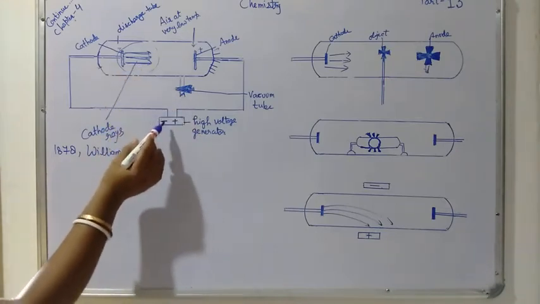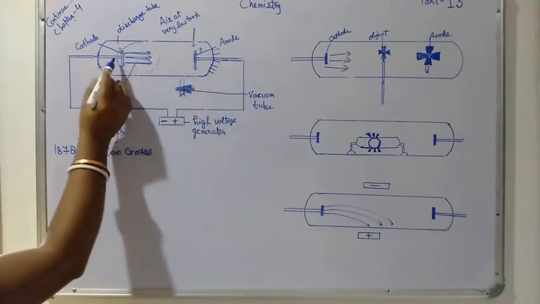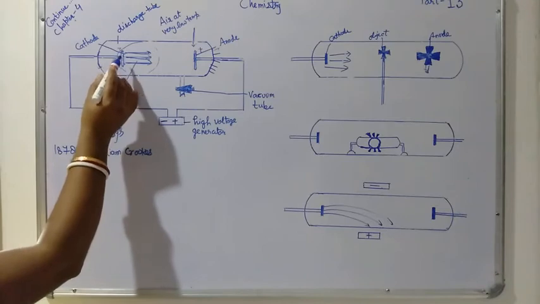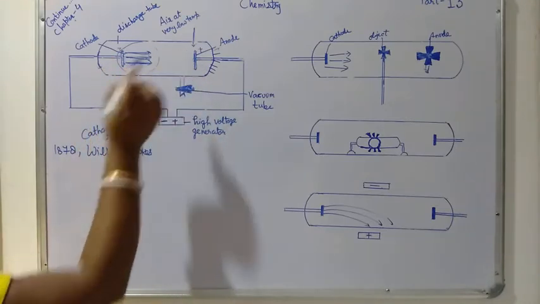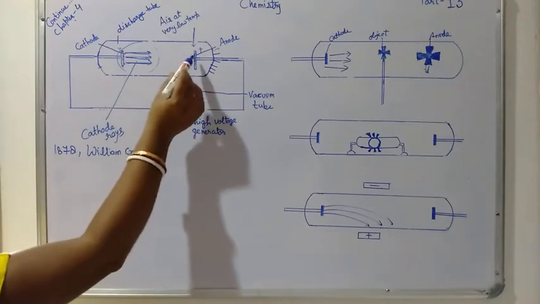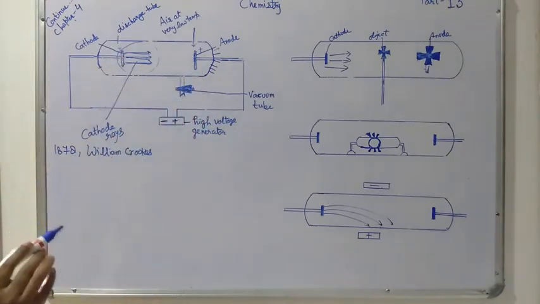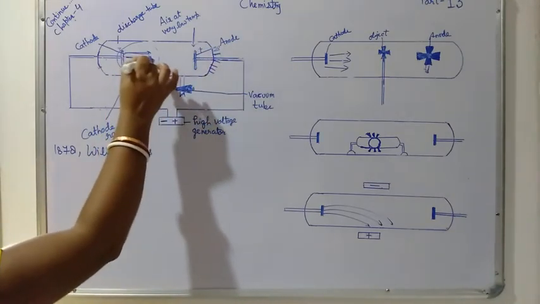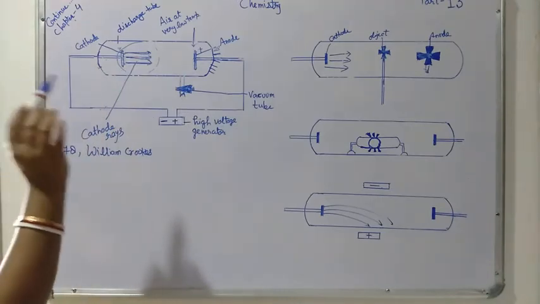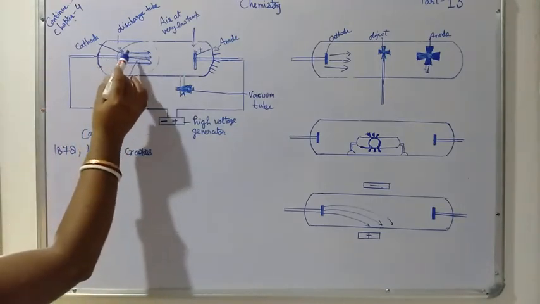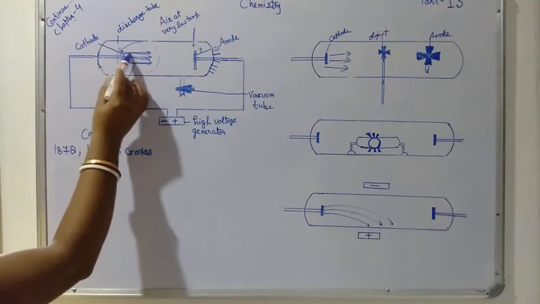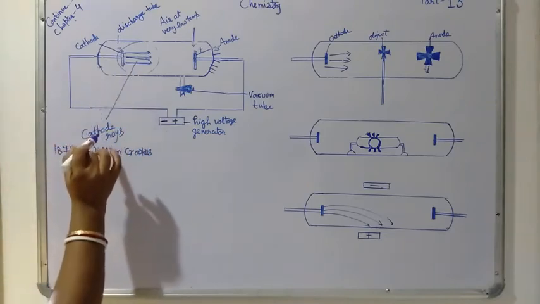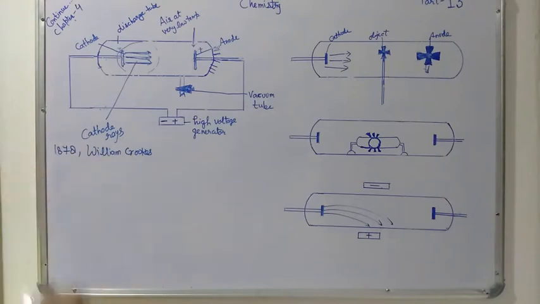When he passed electric current, he observed that some rays were coming out from the negative side and going towards the opposite side of the cathode, which started glowing because of the gas inside. Since these rays were coming from the negative side, he understood that they were made up of negatively charged particles, and he named them cathode rays.